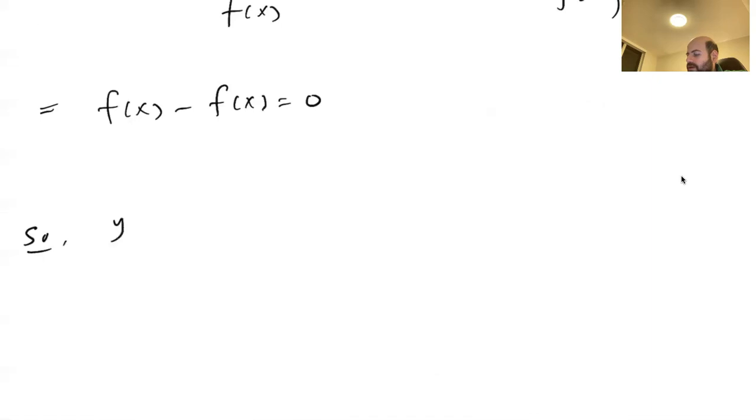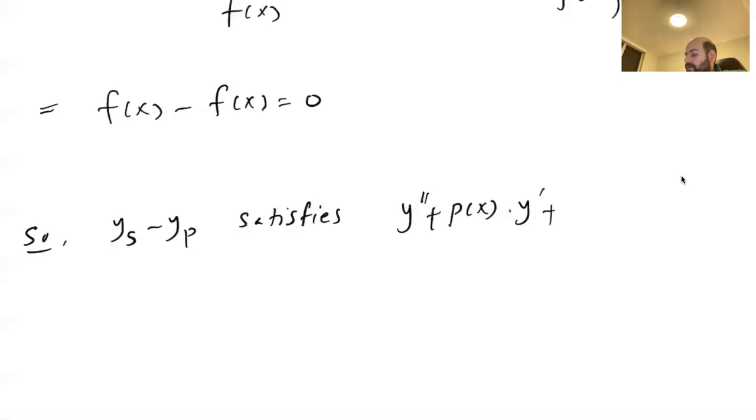So we can say ys minus yp satisfies y double prime plus p of x times y prime plus q of x times y equals 0. This is the homogeneous equation.